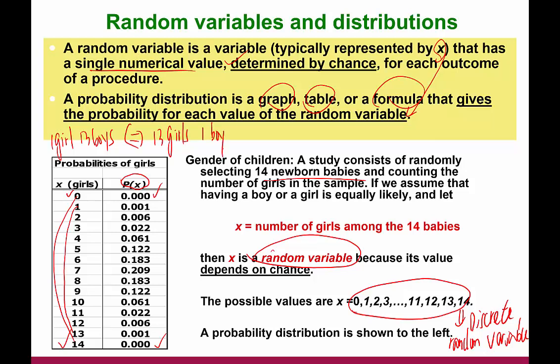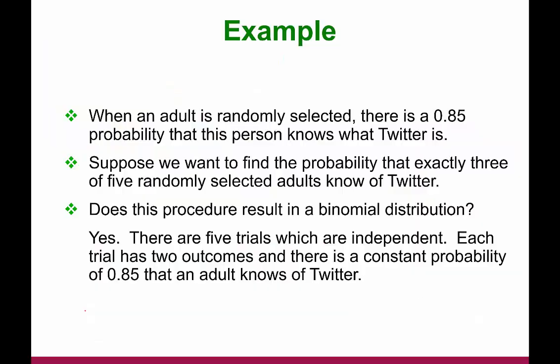Since getting a boy or a girl is equally likely, getting 1 girl and 13 boys is similar to getting 13 girls and 1 boy. Same thing for 2 girls and 12 girls, same probability. Right, so let's take a look at an example.